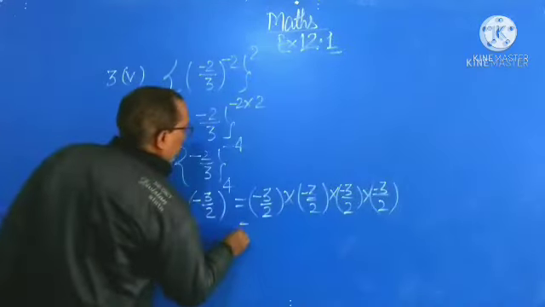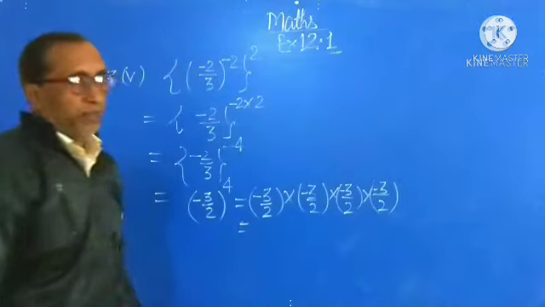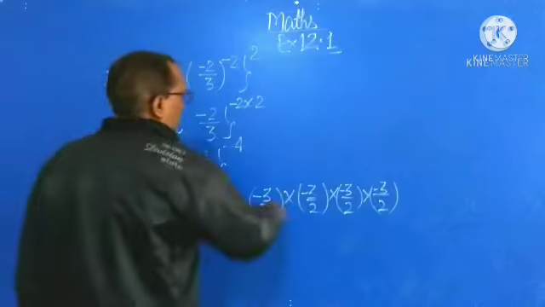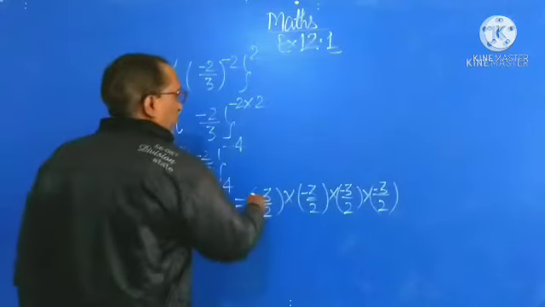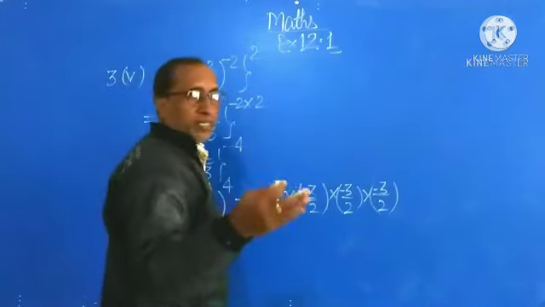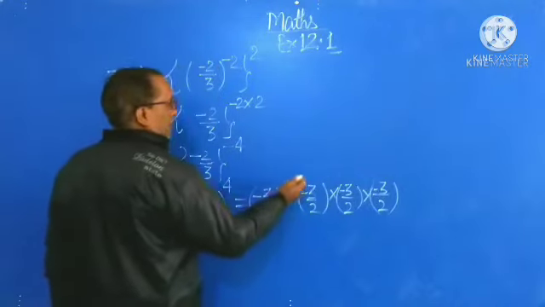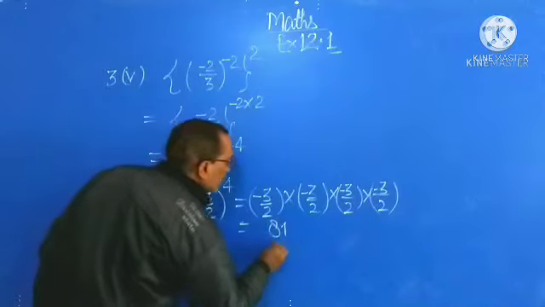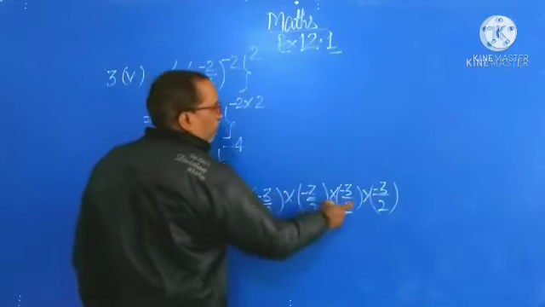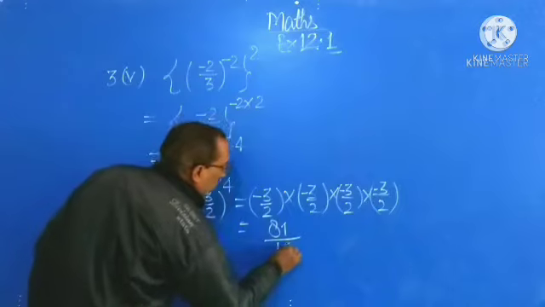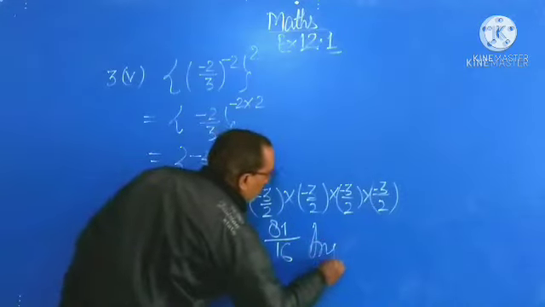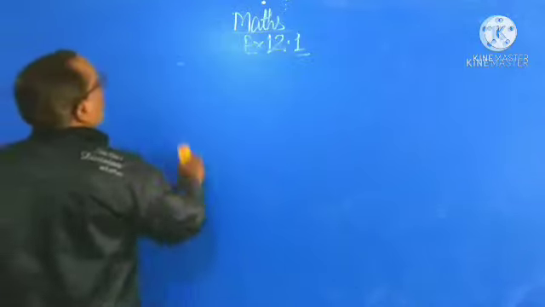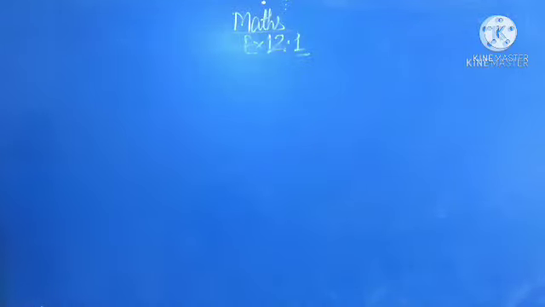When minus is multiplied an even number of times, you get a plus sign, means this product is positive. Then you multiply numerator into numerator and denominator into denominator. You get 3 times 3 is 9, 3 is 27, 3 is 81, upon 2 times 2 is 4, 8, 16. This is your answer: 81 upon 16.